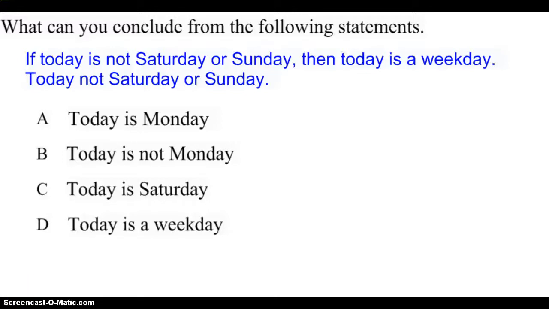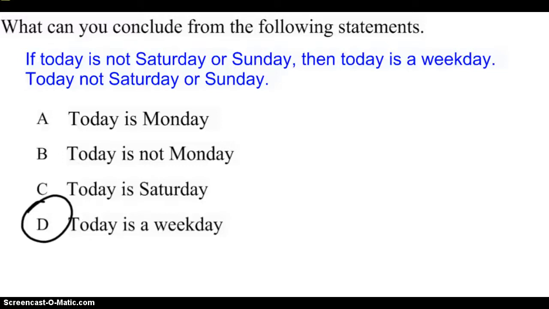Hopefully you can conclude that today is a weekday, okay? If today is not Saturday or Sunday, that's our hypothesis. Our conclusion, it's a weekday. So if our hypothesis is repeated, today is not Saturday or Sunday, then we can say today is a weekday.